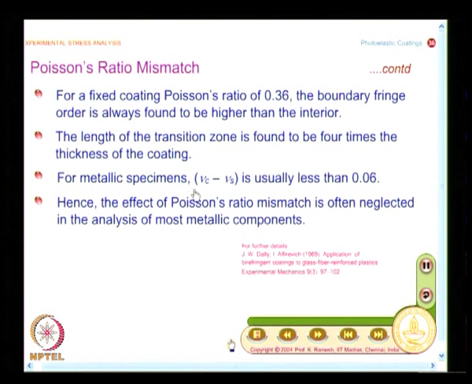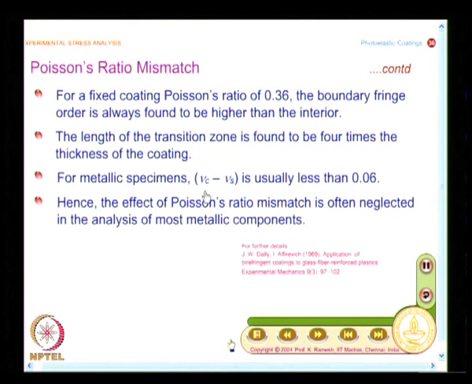And what you actually have to look at is, what is the change in the Poisson's ratio? You know metallic specimens, the Poisson's ratio is around 0.24 to 0.26 is what you have. So, typically the Poisson's ratio difference nu c minus nu s is usually less than 0.06. So, the final conclusion is, for most metallic components, the effect of Poisson's ratio mismatch is often neglected.